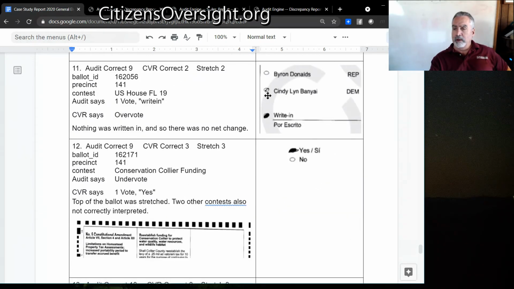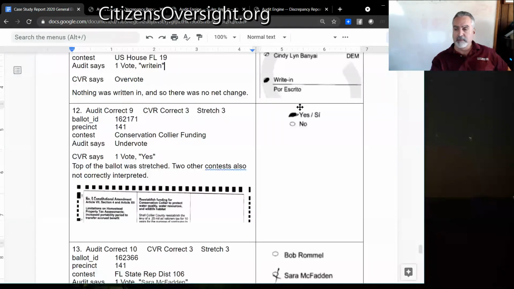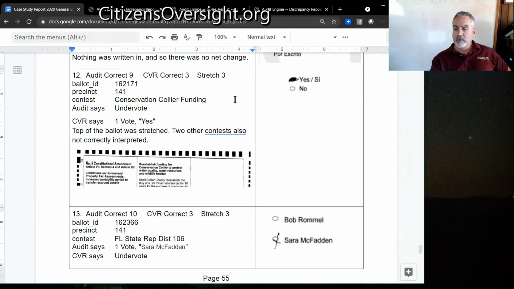Here is where, well, nothing really happened because they said it was an overvote because they saw two here, but it's a write-in with no name. So even though this was a vote, it has no name, so it should be an undervote, not an overvote. But it doesn't really matter because both of them mean you're not going to count that. Then here we have again a stretched top.